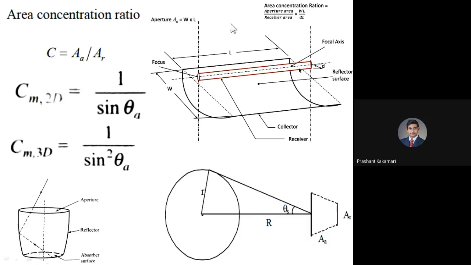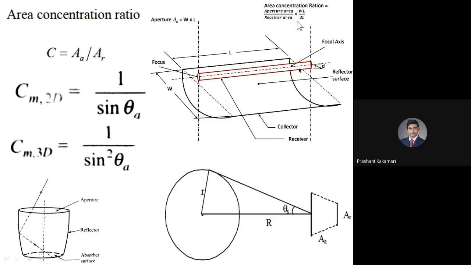So we need to consider the surface area of this tube in this example. What can I write? I can write the concentration ratio as aperture area W into L, the open area, over the receiver area. The receiver is a tube here, so I can write D into L.